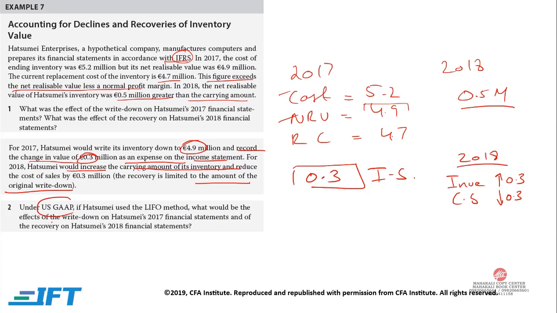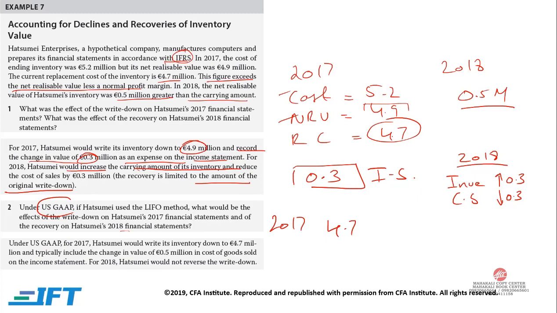As we have learned, recovery is not allowed in US GAAP, and the inventory in 2017 would be written down to the recoverable cost, that is 4.7 million. So Hatsumi would write its inventory down to 4.7 million and typically include the change in value of 0.5 in cost of goods sold on the income statement. For 2018, Hatsumi will not reverse the write-down.